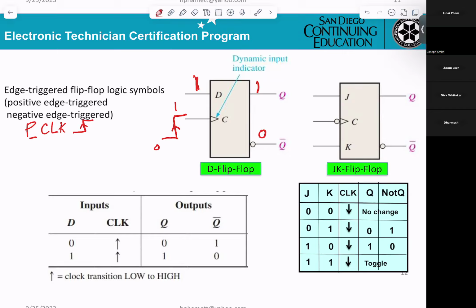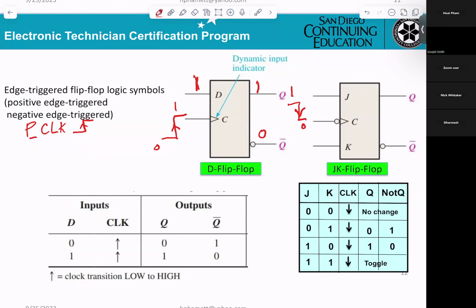Another flip-flop, JK. JK will be opposite for the clock compared with the D. For JK, the clock will be going 1 to 0.